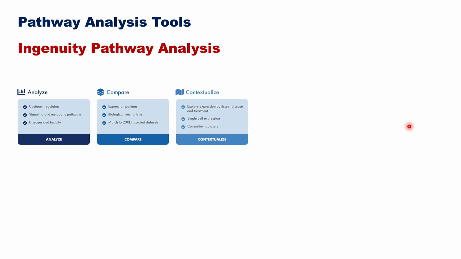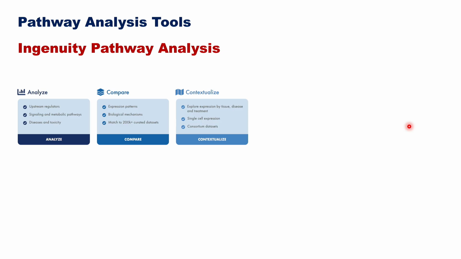So there are two methods. One is paid software, and another is freely available. Is anybody aware of this? Ingenuity Pathway Analysis. This is paid software from Qiagen.